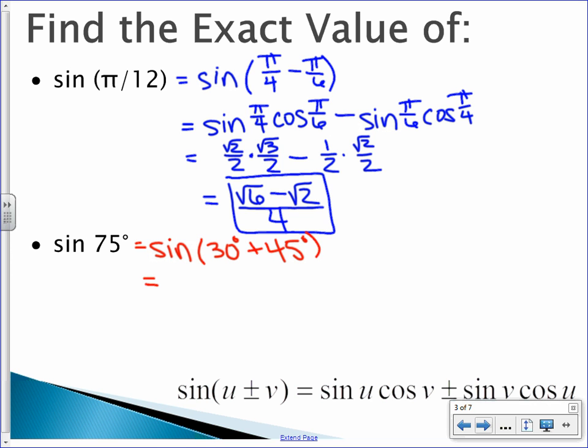So our sum formula, we're going to say the sine of the first times the cosine of the second. It's addition inside, so addition in our formula, sine of the second times cosine of the first.